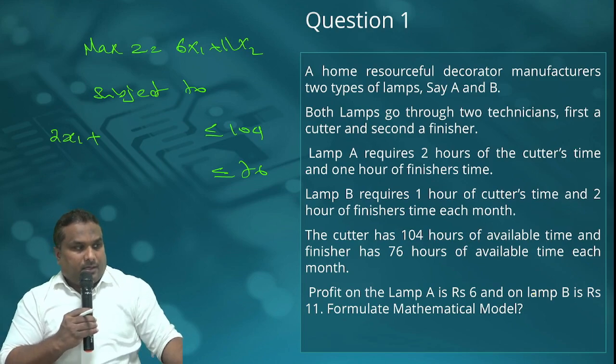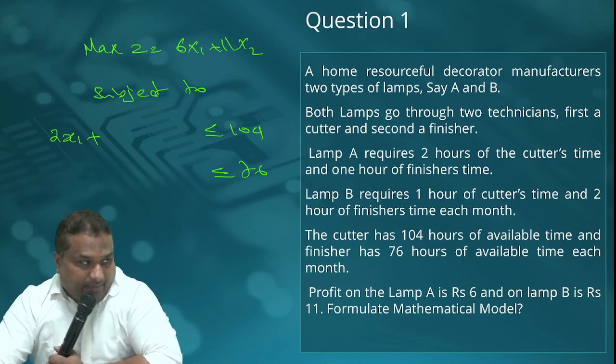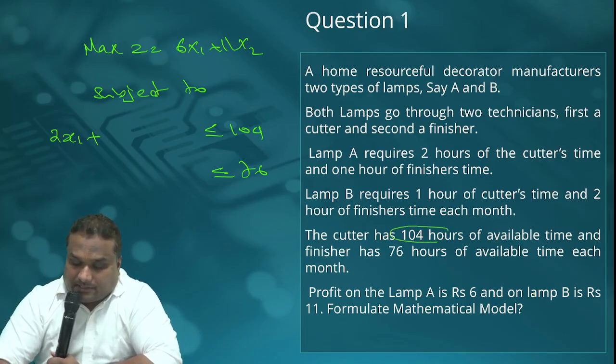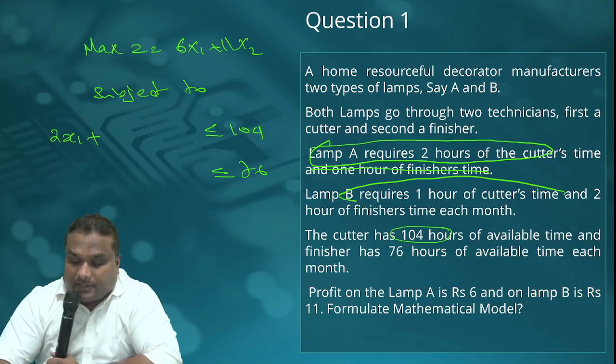Now, my dear friends, the cutter has a maximum available time of 104 hours. This is the first constraint. How is the time of cutter going? 2 hours on Lambier. We are speaking about cutter only. Lambier requires 1 hour of cutter's time.